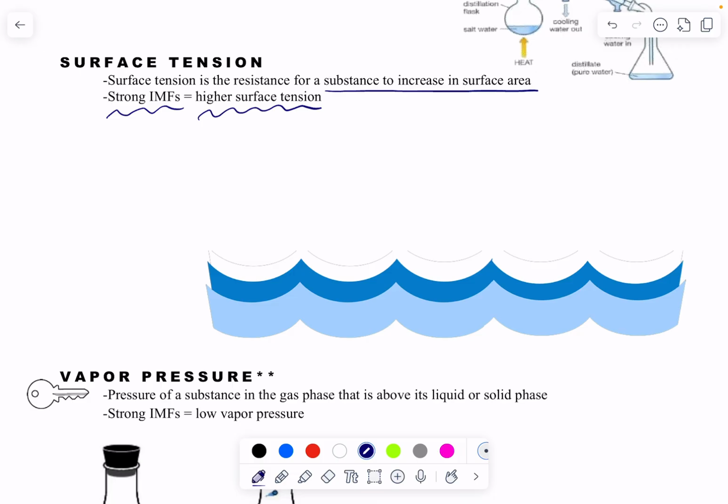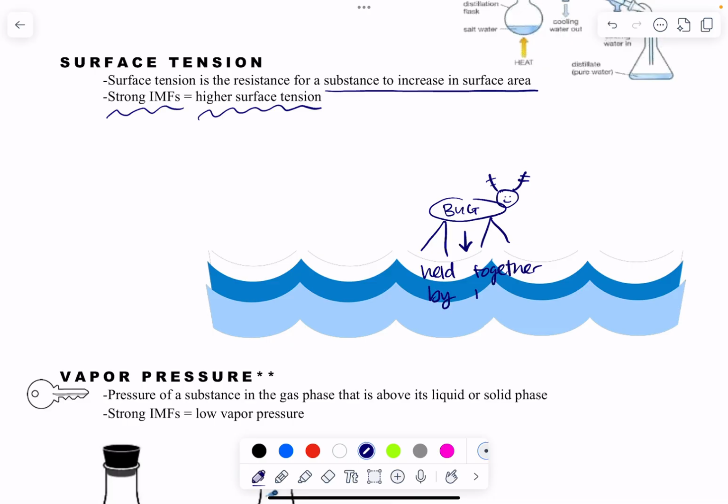A good example of this, in this picture is going to be a little bit cruddy, is imagine I have a bug, and I know he's ugly, but that's my bug, and he's walking on water. He is exerting a force down, but our water molecules are held together, not by chemical bonds, but rather held together by intermolecular forces, specifically hydrogen bonding if it's water.